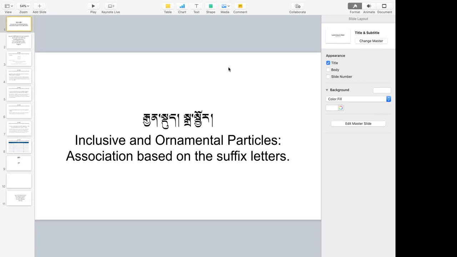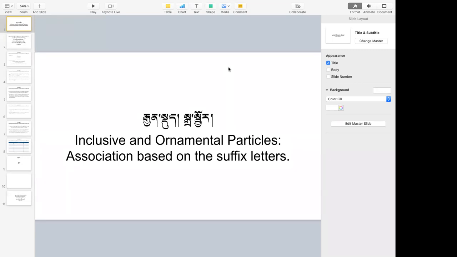Yes, so since this is a dependent particle, what happens when it's a dependent particle? It has something called the usage or association based on the suffix letter. So that is something that happens as we understand this.